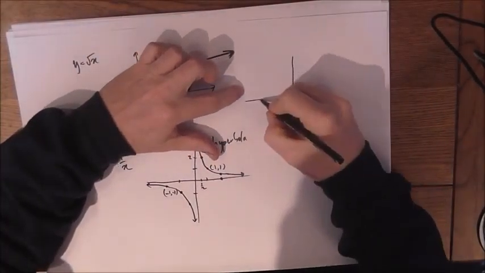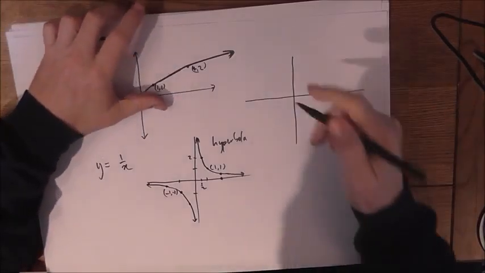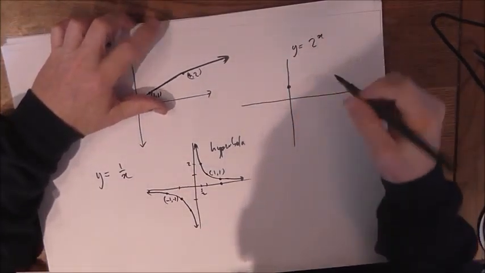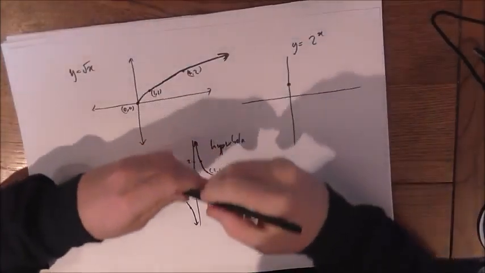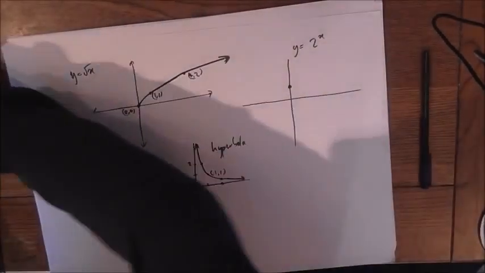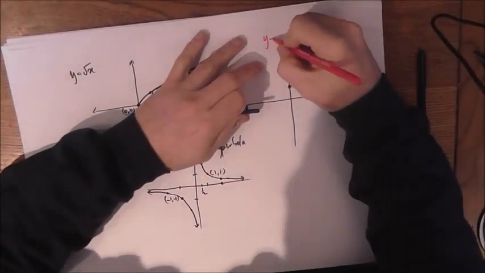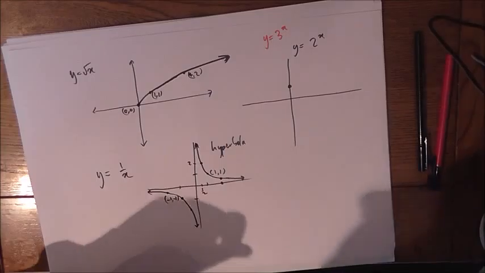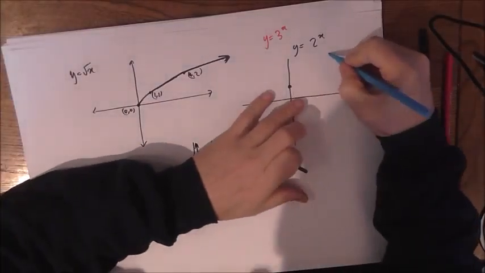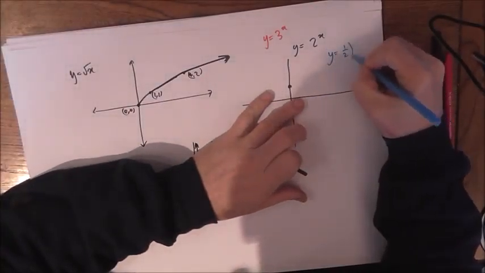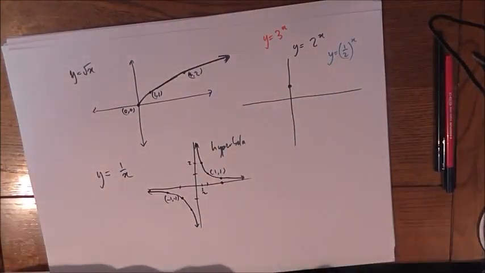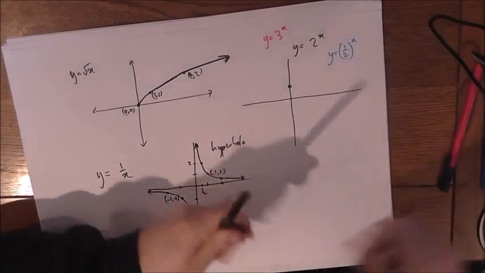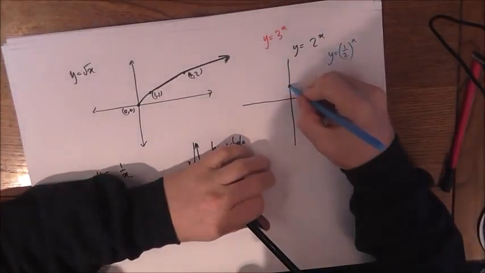Now, what else have we got that has asymptotes? We have the exponential graphs. The exponential graphs always go through 0, 1. So, for example, I'll draw y equals 2^x in black, and y equals 3^x in red, and I'll also actually do y equals (1/2)^x. So I'll do that in blue. Okay, so all 3 of them go through 0, 1.